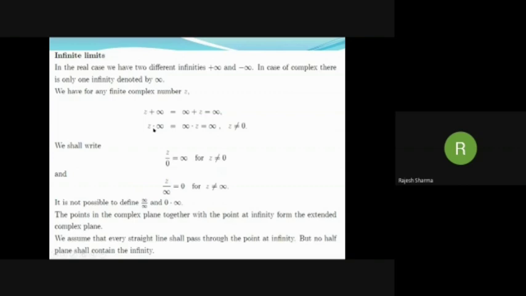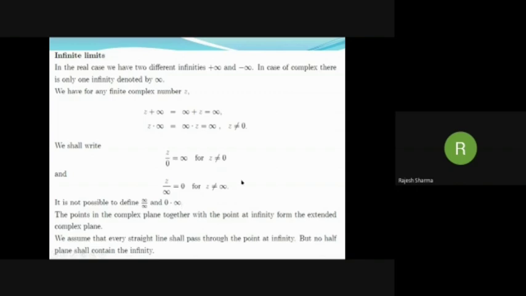If we multiply a non-zero complex number with infinity, we get infinity. We also write z over 0 is equal to infinity for z not equal to 0, and z over infinity is equal to 0 for z not equal to infinity. It is not possible to define expressions like infinity over infinity and 0 times infinity.